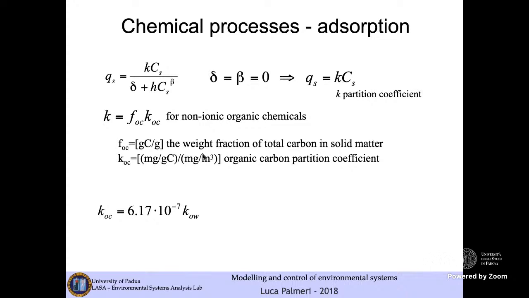So we are left with the problem of determining these two parameters in order to calculate or to determine the partition coefficient K. For the FOC, this is quite easy because it is a matter of making, for example, analysis on the organic carbon content of the suspended solids.